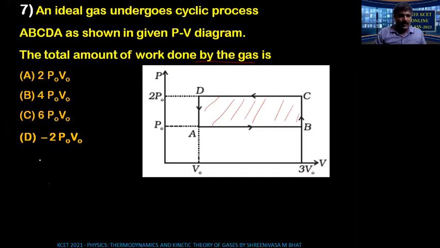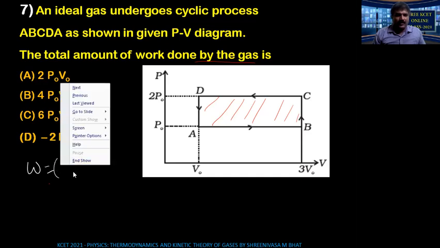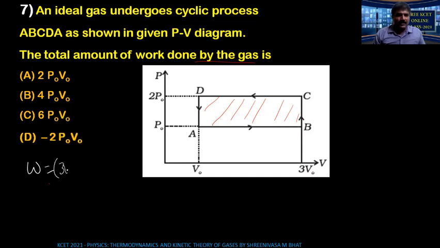So write work done equal to area under this. So change in volume, that is AB, length AB, that is 3V0 minus V0, into change in pressure.